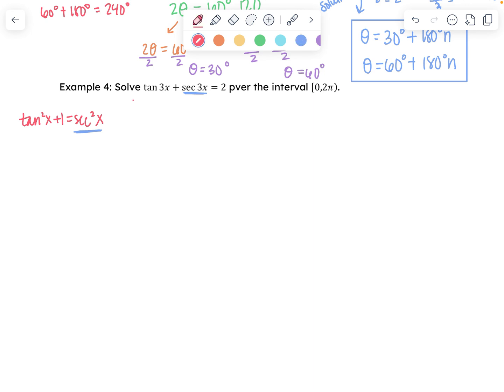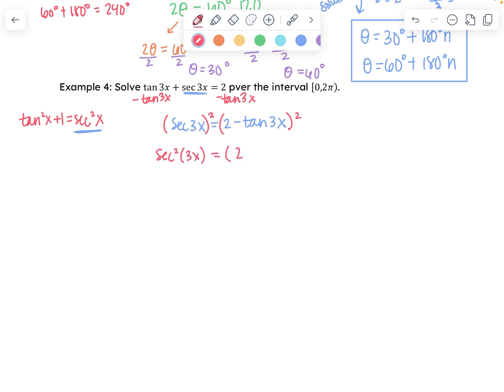So I'm going to subtract tangent 3x from both sides. That's going to get me secant of 3x is equal to 2 minus tangent of 3x, and that's what I'm going to square. So that gets me secant squared of 3x.